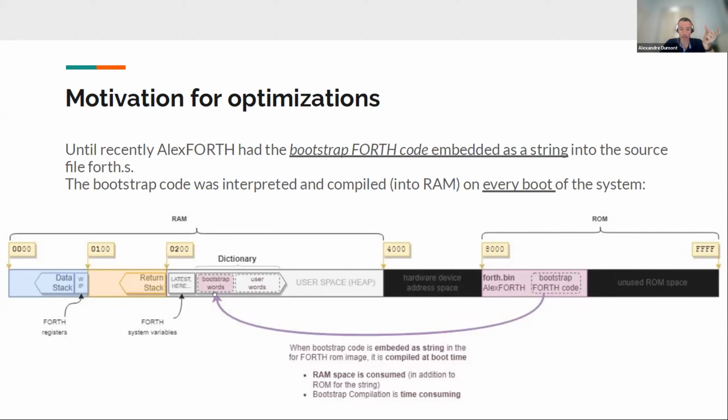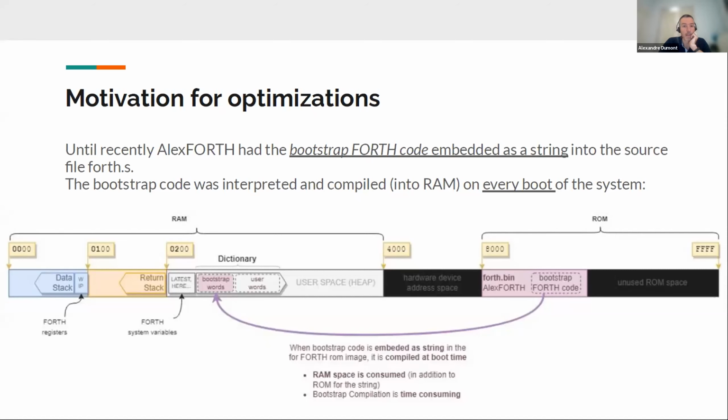What I've noticed is that it was taking a long time, and it was not efficient because it was time consuming and also space consuming, because you had to keep the bootstrap code in ROM, and it was also consuming RAM at the start of the dictionary.